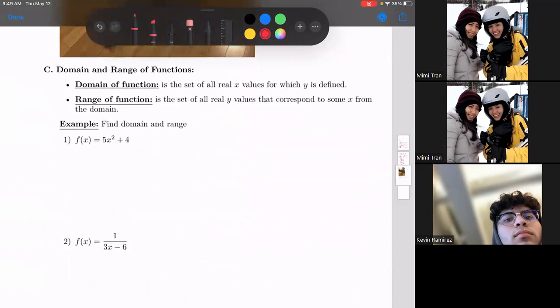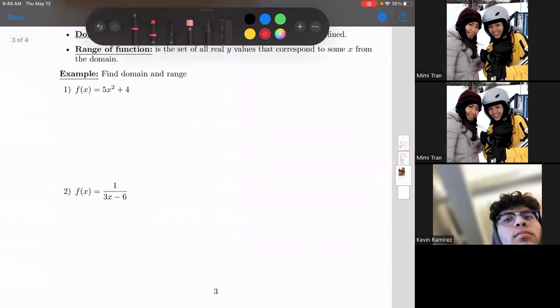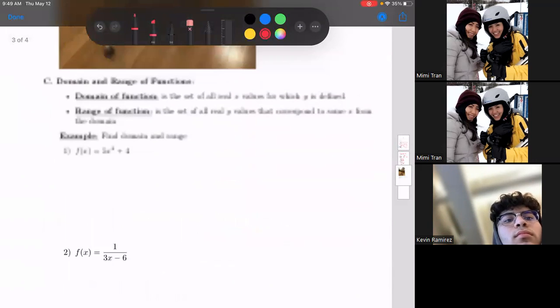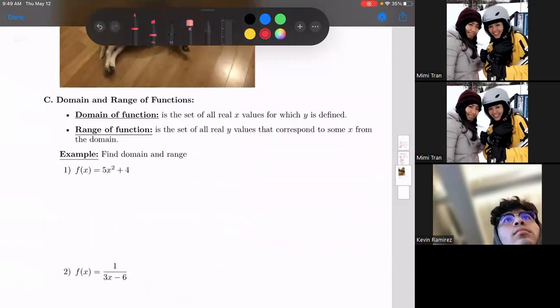All right, last one, and then we'll be done. Domain of the function. The domain of a function, like we said, is the set of all real x values for which y is defined. What does that mean? Well, you know the domain is all x values, right?